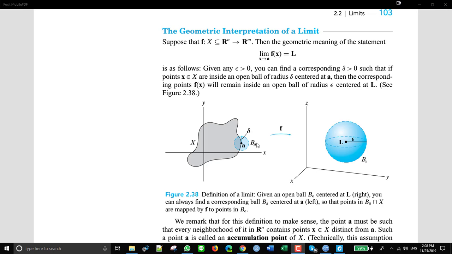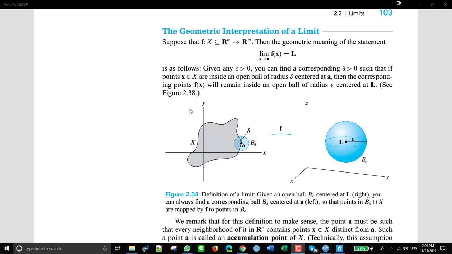So what we're saying is that, looking at this, given any epsilon greater than 0, you can find this. So here's the epsilon. What we're trying to say is that we're given an epsilon around the supposed limit L. The epsilon will define a sphere, or we call it an epsilon ball.